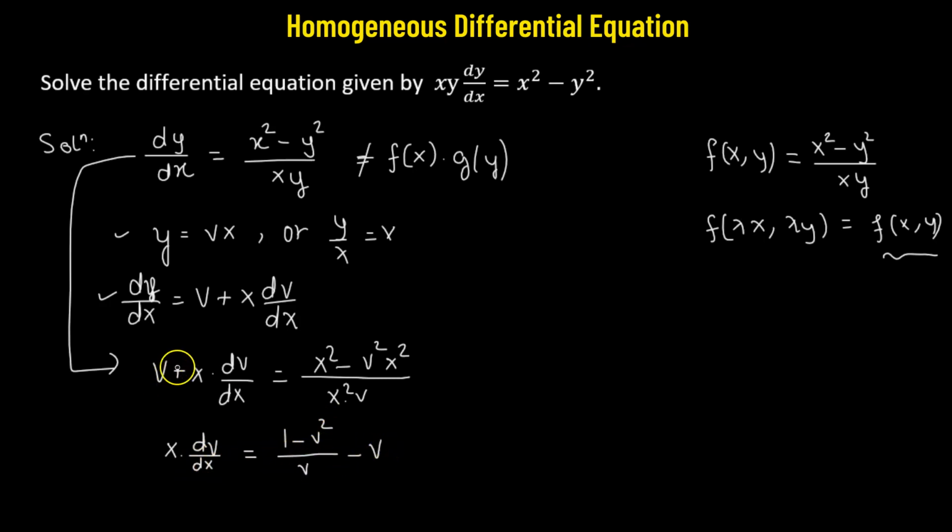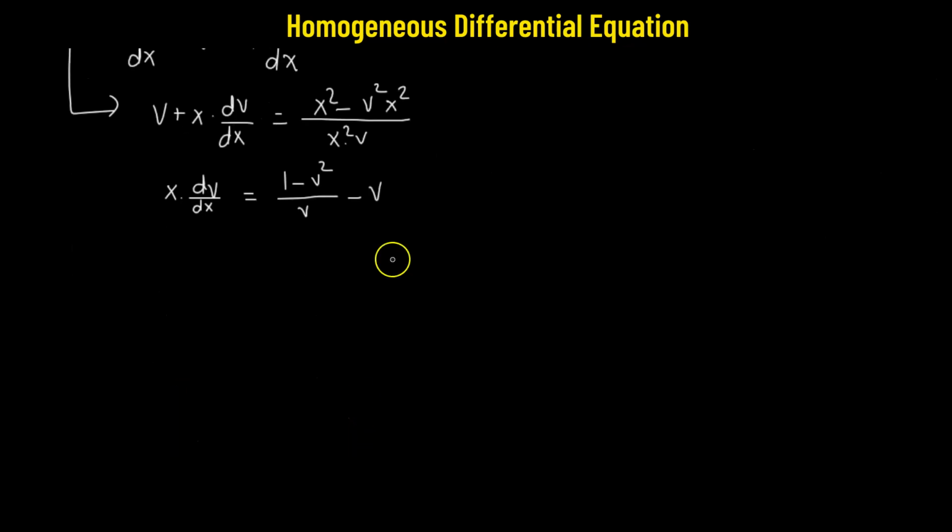What we have done is taken the v from the left hand side to the right hand side. Now let's combine the two terms on the right hand side, so this will become 1 minus v squared minus v squared, divided by v.